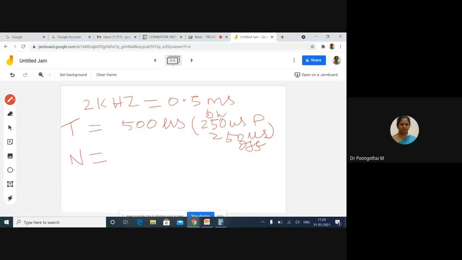What is the maximum value of your 13-bit timer? 8192. So 8192 minus 250 microseconds divided by 1.085 microseconds. Find out the answer.